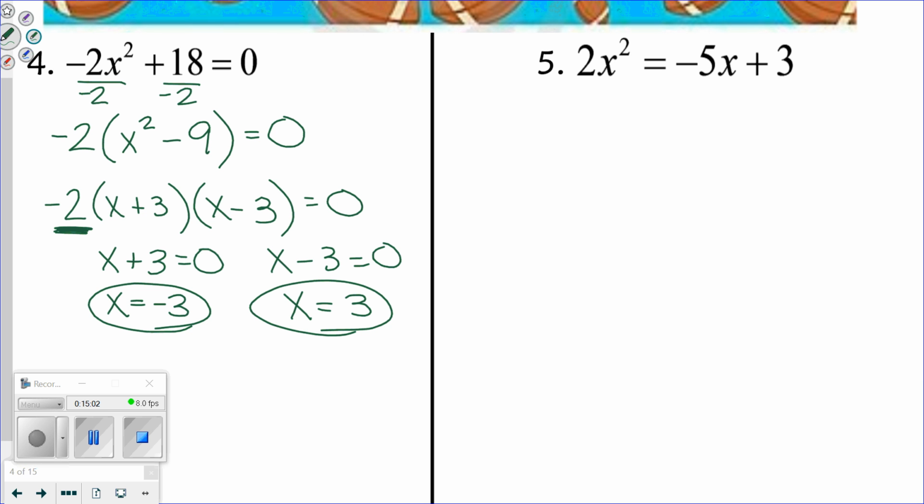Number 5, okay, what's first step? Equal to 0. Now, here always comes the question, does it matter which way I move things? Does not matter. So would you rather move the 2x squared to the other side? I move one thing. Or would you rather move the 5x and the 3 over? There's no right or wrong answer.